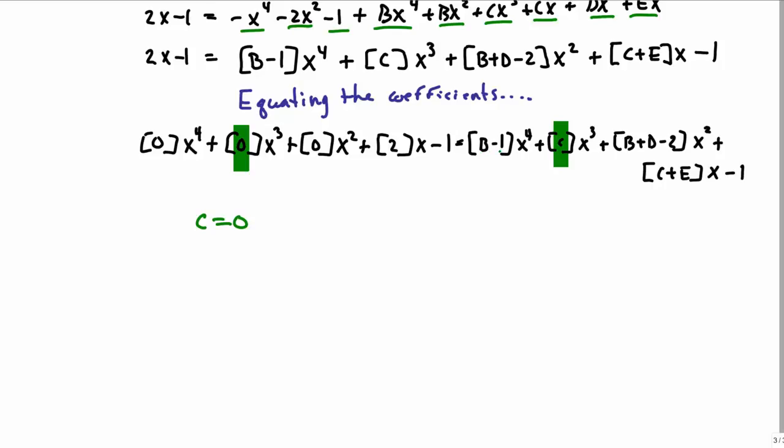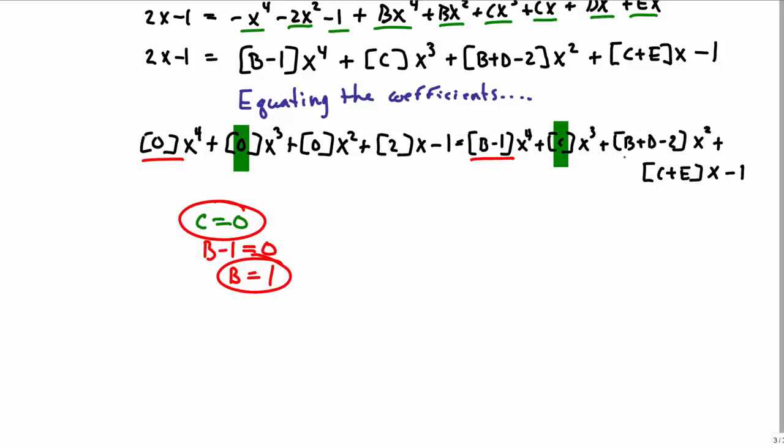Another one that we could do then is b minus 1. So that would be right here, b minus 1 equals 0. I'm equating the coefficients. And b minus 1 equals 0. That would mean b is equal to 1 when we add the 1 across. So I have a from above, I have b, and I have c. And then let's see what else we can do here.